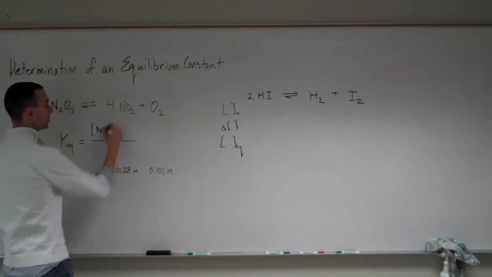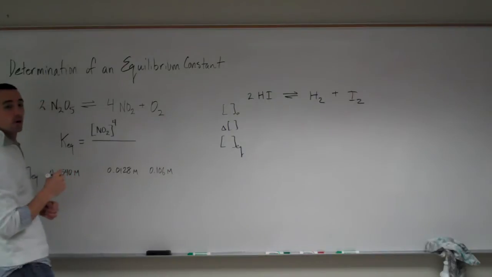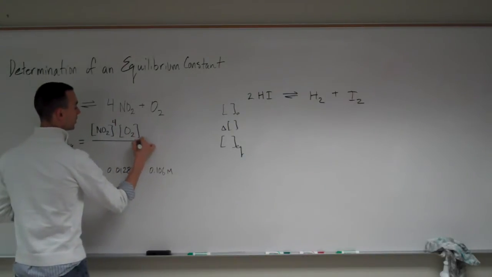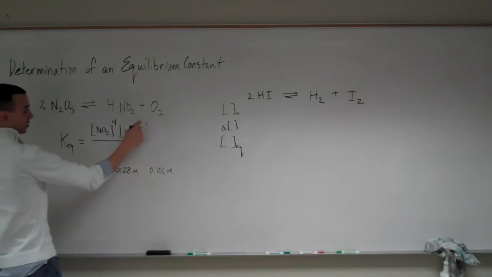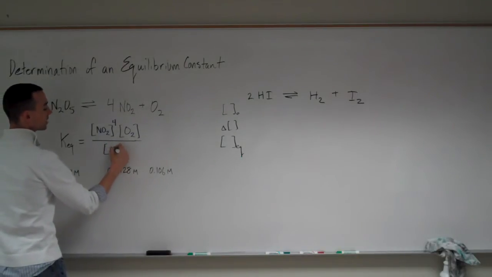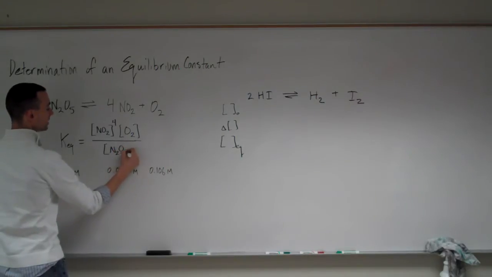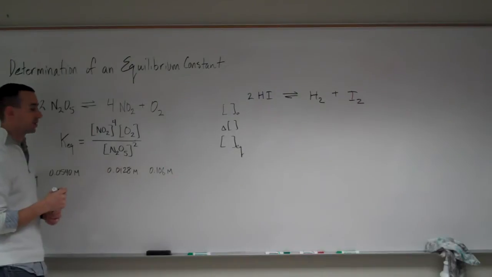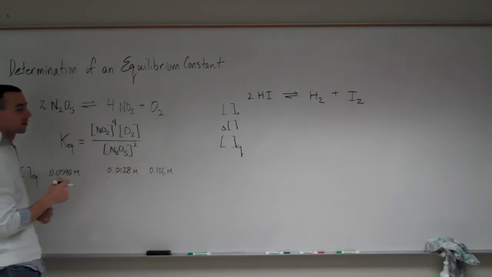So we would need [NO2] raised to the 4th power times the concentration of O2, no power, or it's 1 because its coefficient is 1. And then we divide by the concentrations of our reactants raised to their respective coefficients. So it would be [NO2]^4 times [O2] divided by [N2O5] squared.